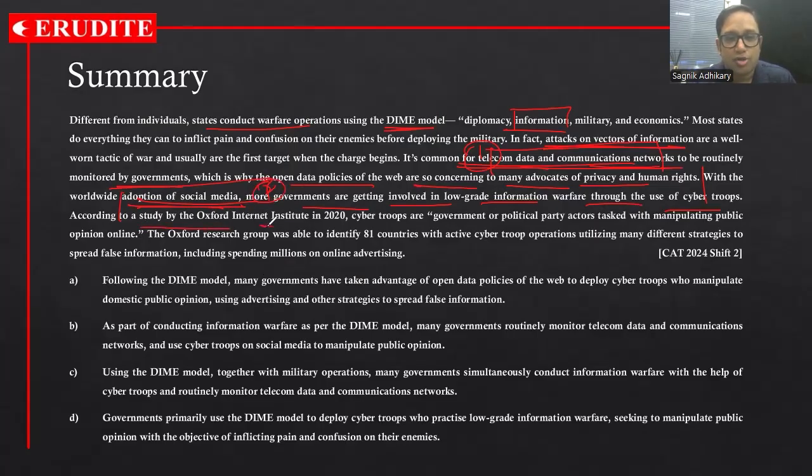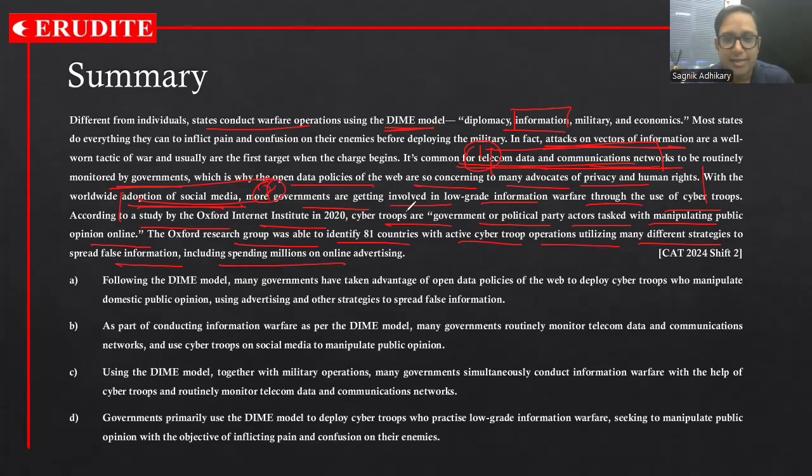According to a study by the Oxford Internet Institute in 2020, cyber troops are government or political party actors tasked with manipulating public opinions online. The Oxford Research Group was able to identify 81 countries with active cyber troop operations utilizing many different strategies to spread false information, including spending millions on online advertising.